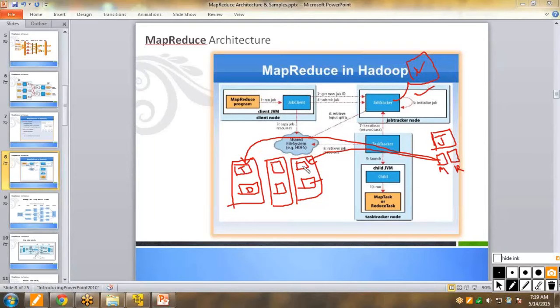This task tracker is co-located along with the data node wherever the required blocks exist. If a task tracker is still available but doesn't have the required blocks of a file, it will not be qualified for the MapReduce program. Are you getting the point here?